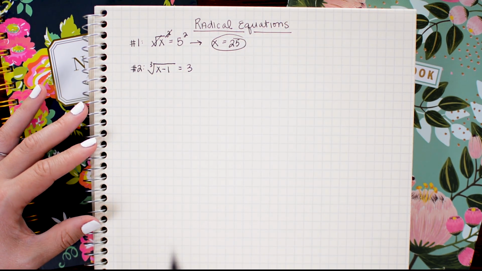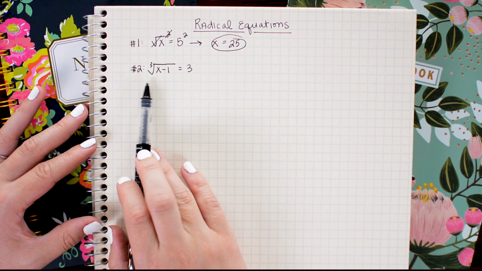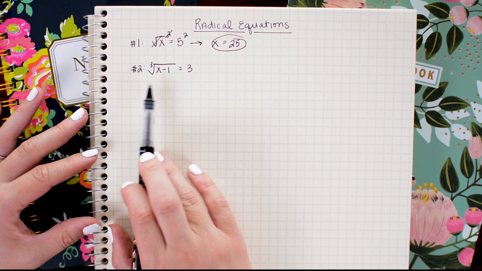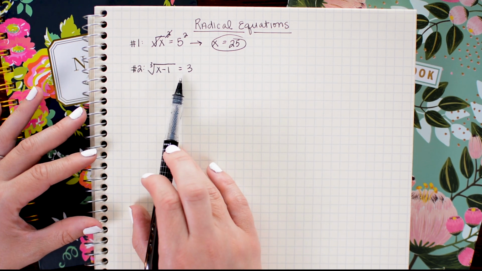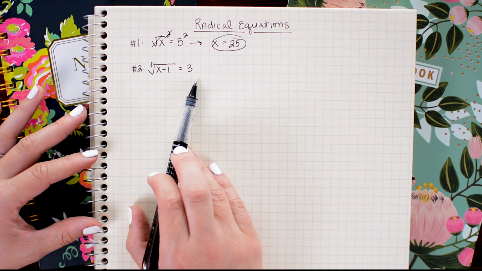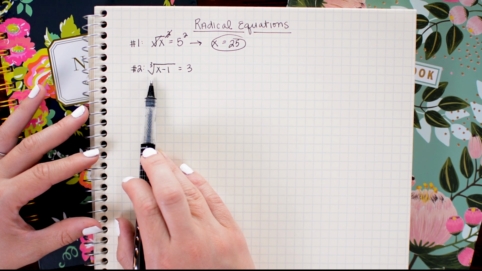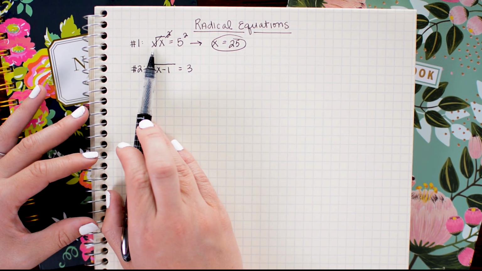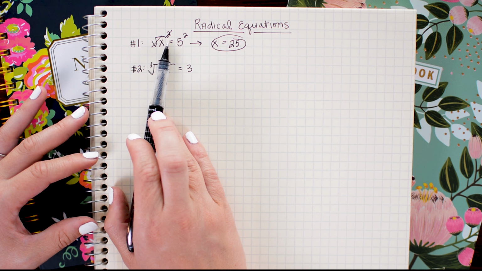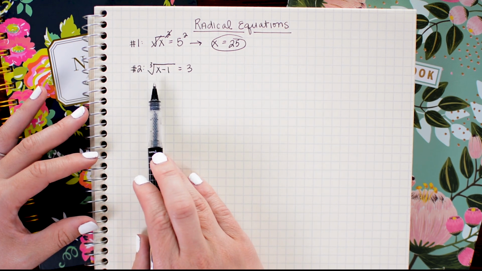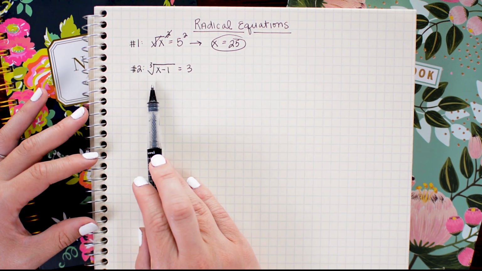Okay, now let's make it just a tiny bit harder. This time we have a cube root over x minus 1, and it's equal to 3. So once again, I want to get rid of the radical, and to do that, I'm going to use the inverse operation. So the inverse of a square root was a square. Now the inverse of a cube root will be a cube, or a power of 3.